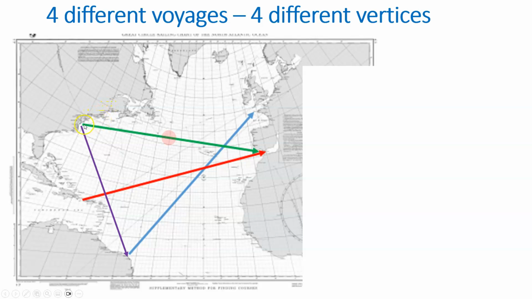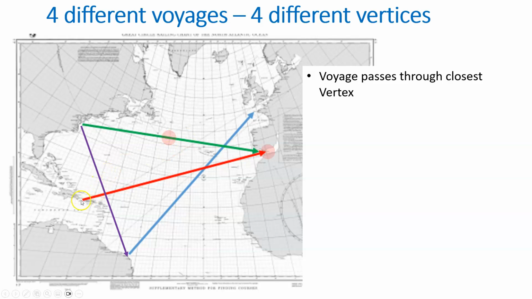As I go along my voyage, I'm getting farther and farther north until I reach this spot where I'm farthest north. That's the vertex, and then my latitude starts to decrease. So on this voyage, my vertex was ahead of me, I went through it, and then it was behind me. Remember, there's another vertex in the southern hemisphere. So that's the green leg.